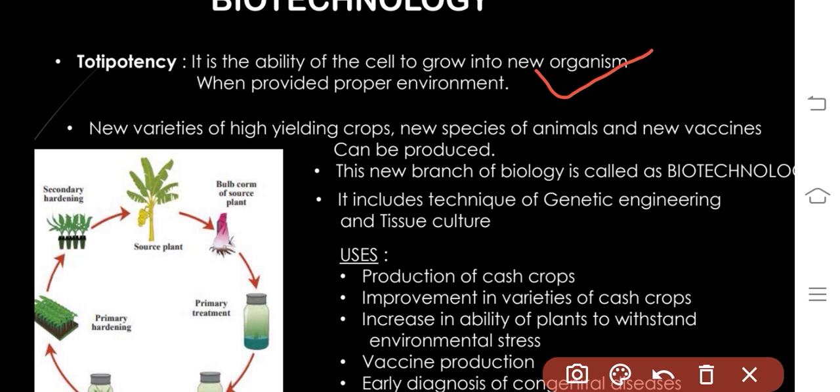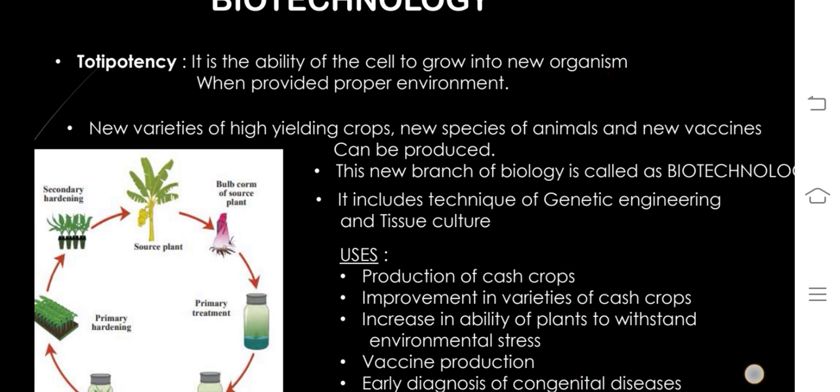With the help of biotechnology, we can produce cash crops, improve the varieties of cash crops, increase the ability of plants to withstand environmental stress, produce vaccines and diagnose various types of diseases early. So students, with the help of totipotency, we can cure many things.